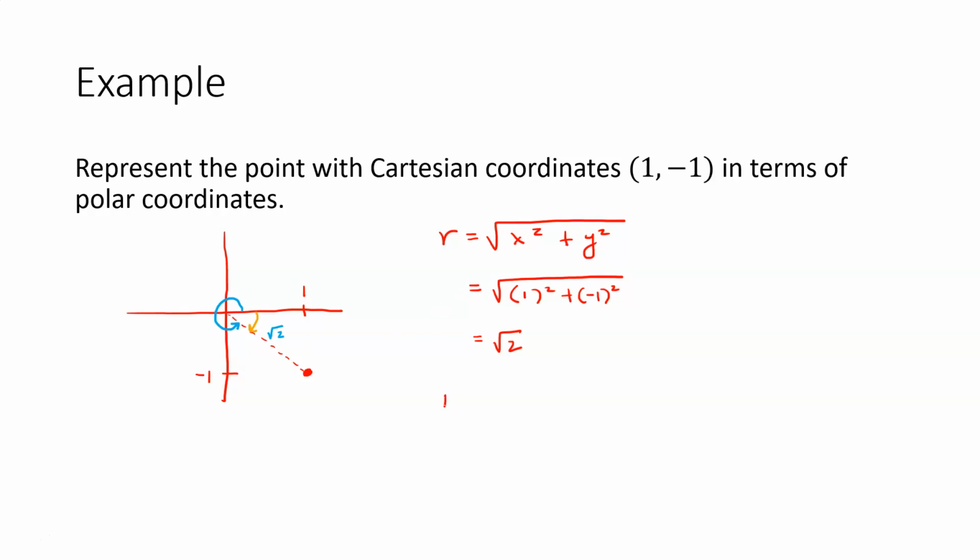We know, for instance, now that if that angle is theta, tan of theta is going to equal -1/1. Which means that here we can do this in a couple ways. Theta equals tan inverse of -1 will give us a value of -pi/4. So it's going to give us the negative version of that angle.